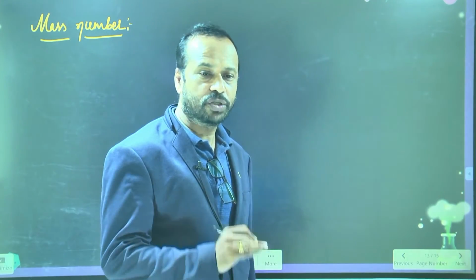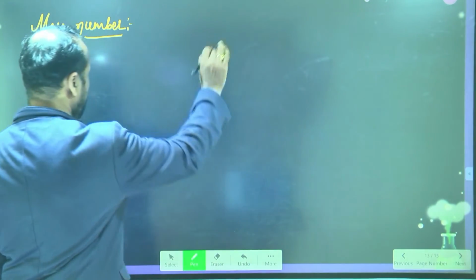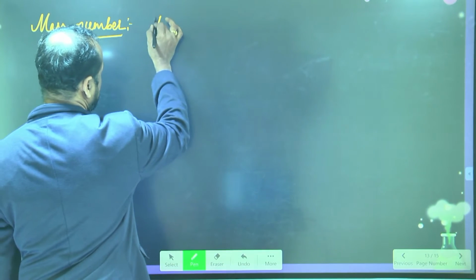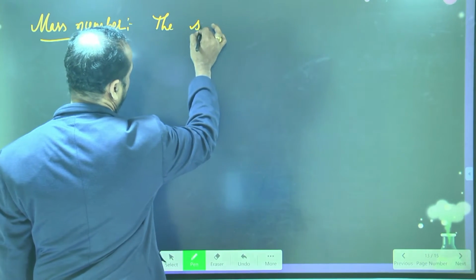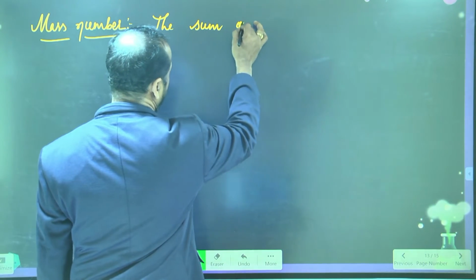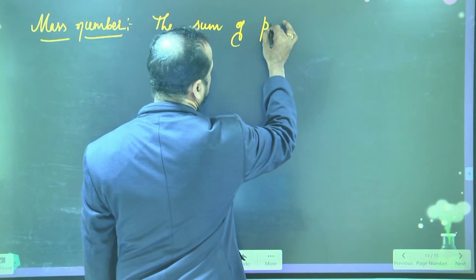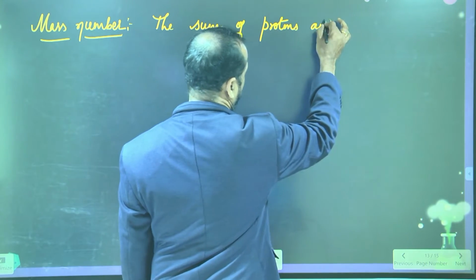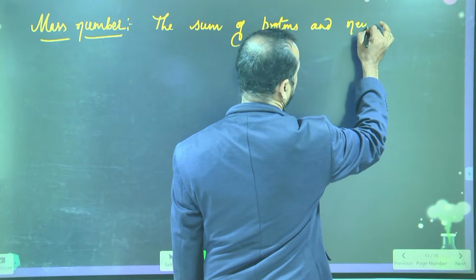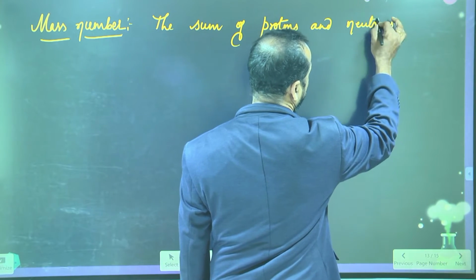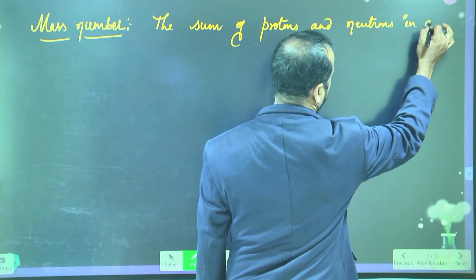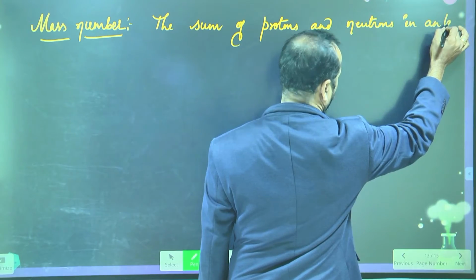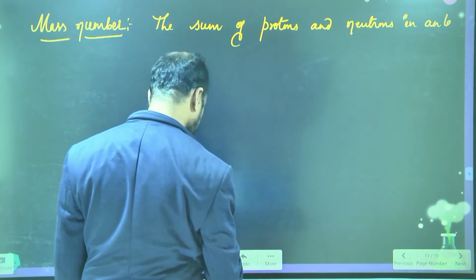But in the mass number, we can define it as the sum of protons and neutrons in an atom. So what is meant by the sum?